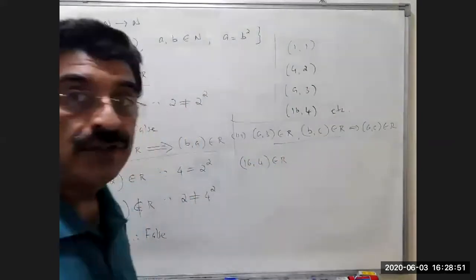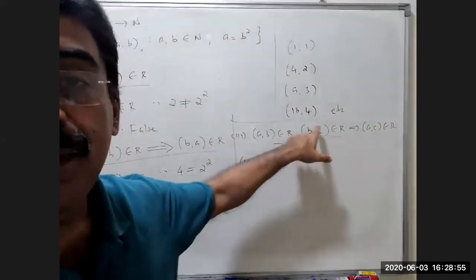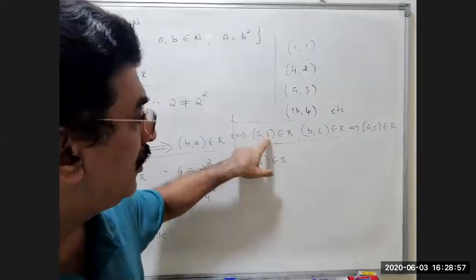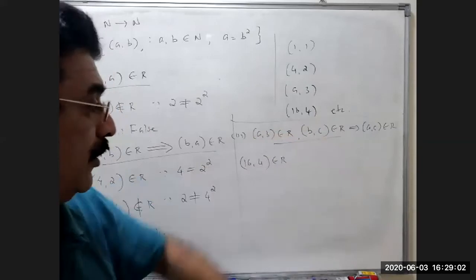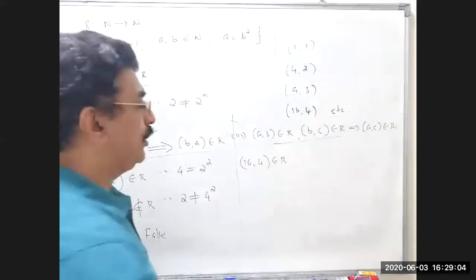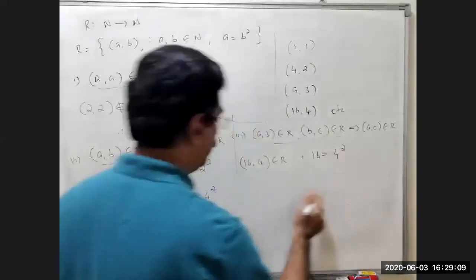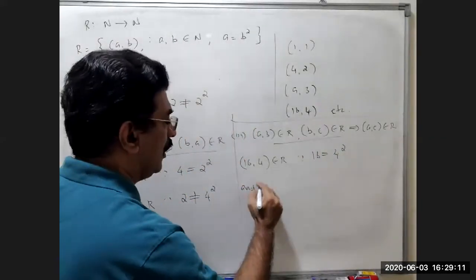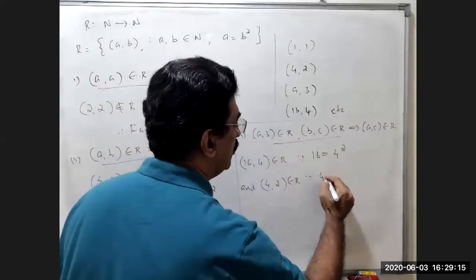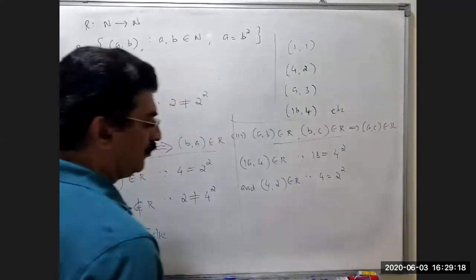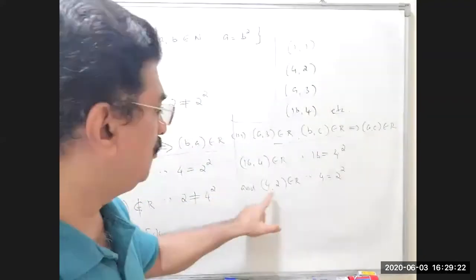Why do we prefer (16, 4)? Because that is AB and then we need BC. So the second number here, we need that number as the first number in the next pair. (16, 4) belongs to R, since 16 is equal to 4 squared. And (4, 2) belongs to R, since 4 is equal to 2 squared. So we do AB and BC.